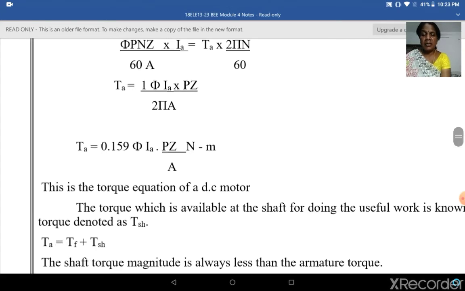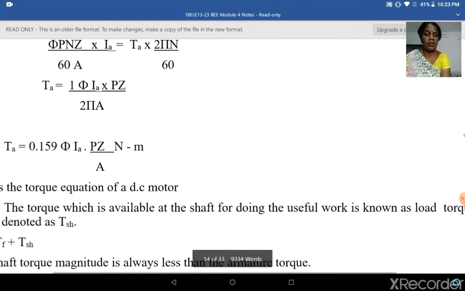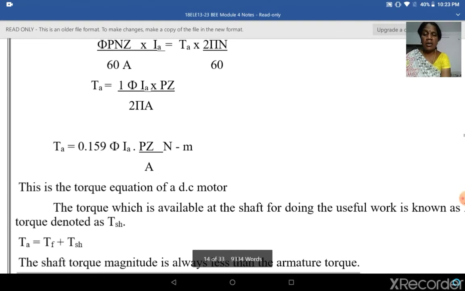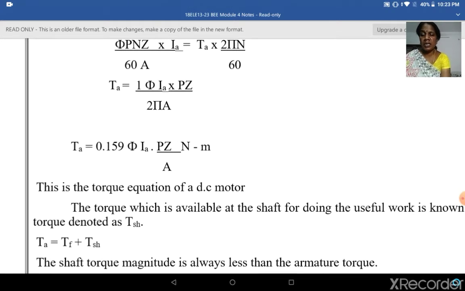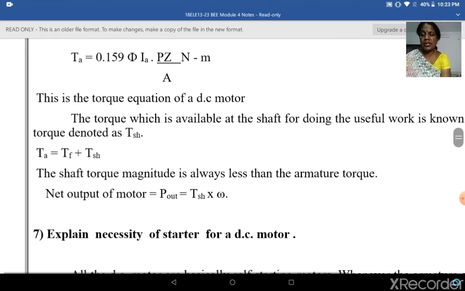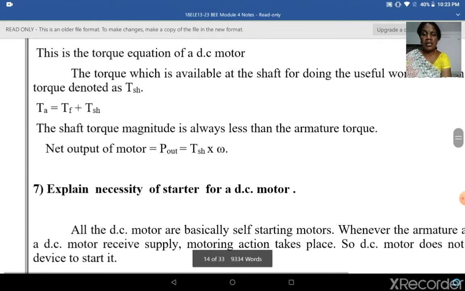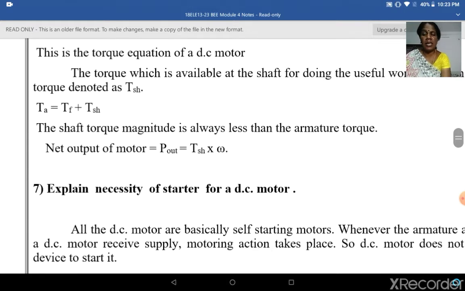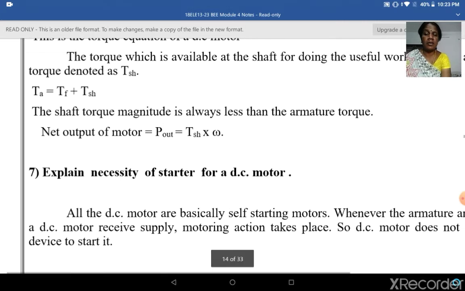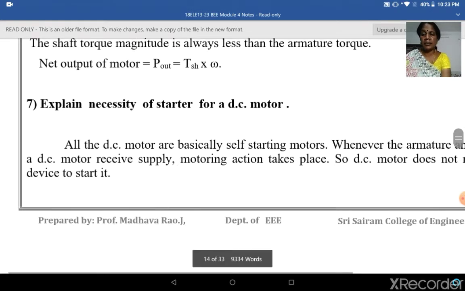The torque which is available at the shaft for doing useful work is known as the load torque or the shaft torque, denoted as TSH. So the armature torque is equal to TF plus TSH. The shaft torque magnitude is always less than the armature torque. The net output of the motor, P out, is equal to shaft torque into omega.